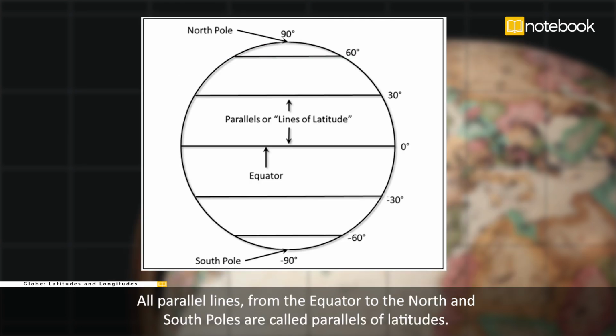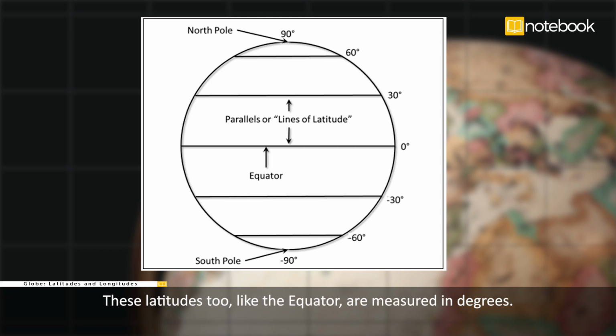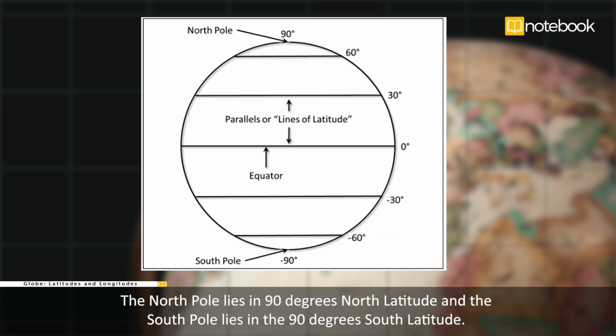All parallel lines from the equator to the north and south poles are called parallels of latitudes. These latitudes too, like the equator, are measured in degrees. The North Pole lies in 90 degrees north latitude, and the South Pole lies in the 90 degrees south latitude.